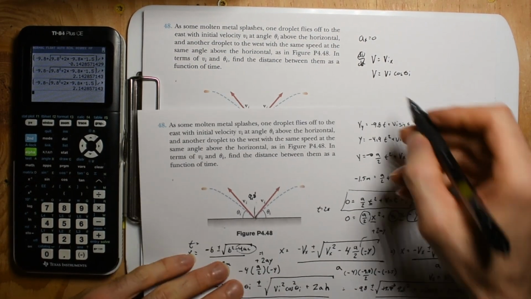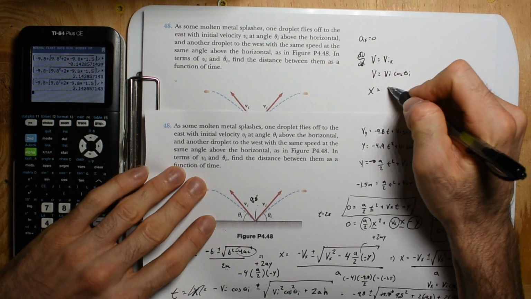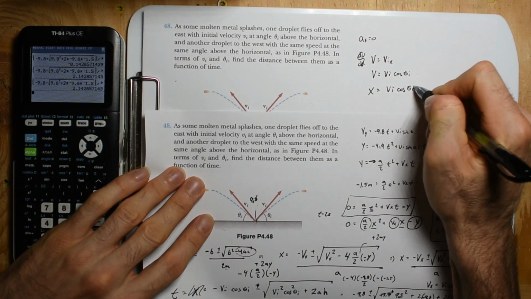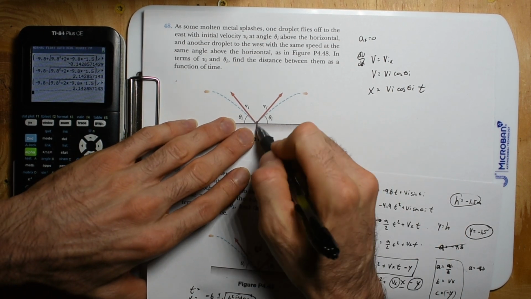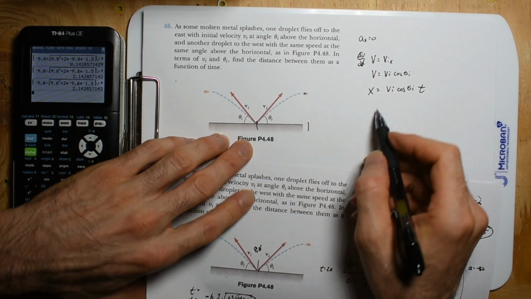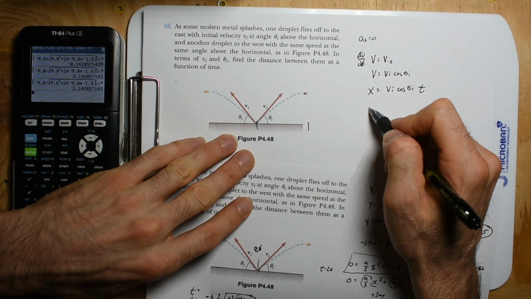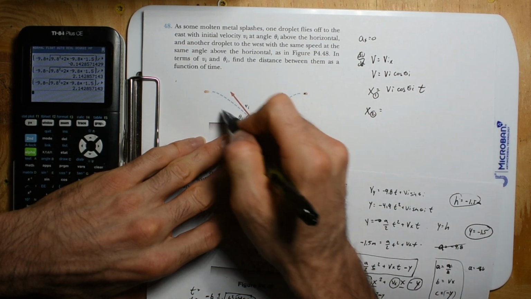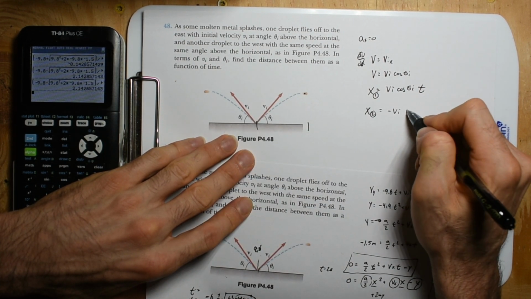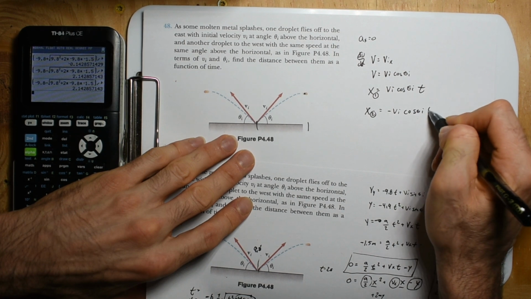If you integrate this, the position is v initial cosine theta initial t. This is the distance for droplet 1. The position for droplet 2, based on symmetry, is negative v initial cosine theta initial t.